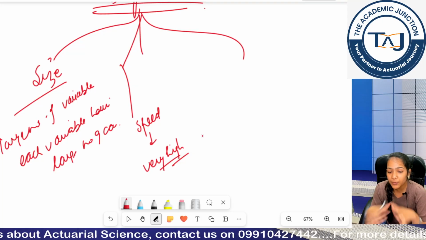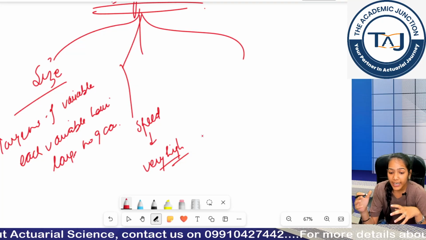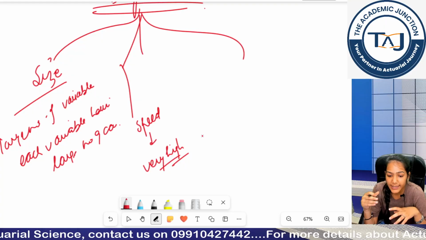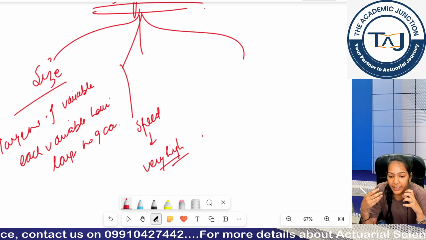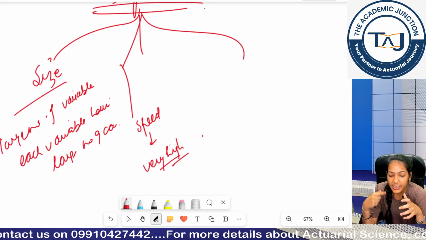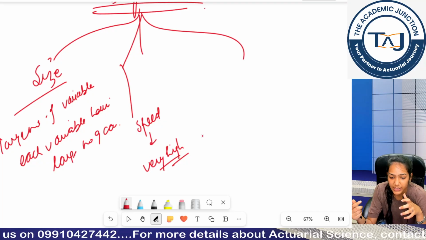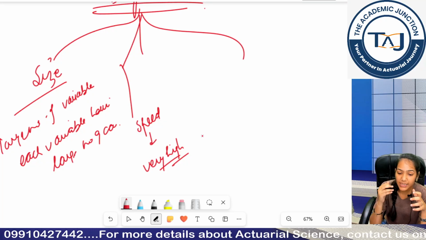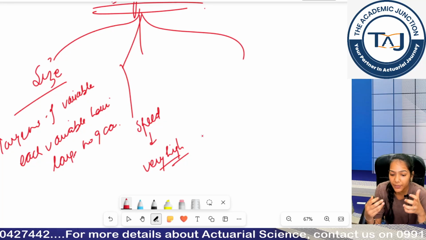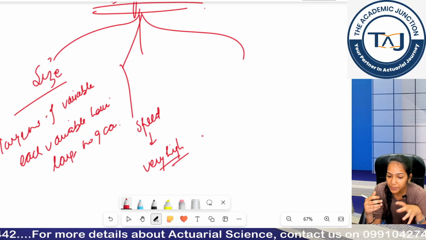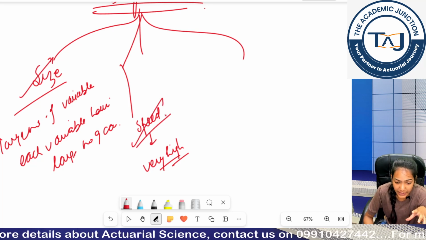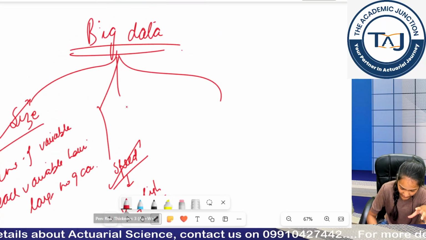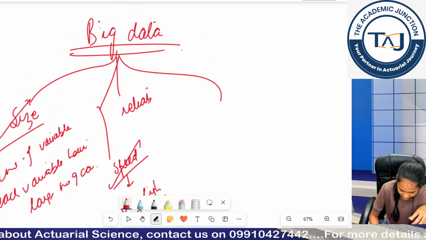We have a large population, and people may be accessing the internet very quickly, so that speed would be very high, calculated in seconds, nanoseconds, microseconds. That is why it is more difficult to operate on big data, because of its huge size and high speed. Third one is your reliability.